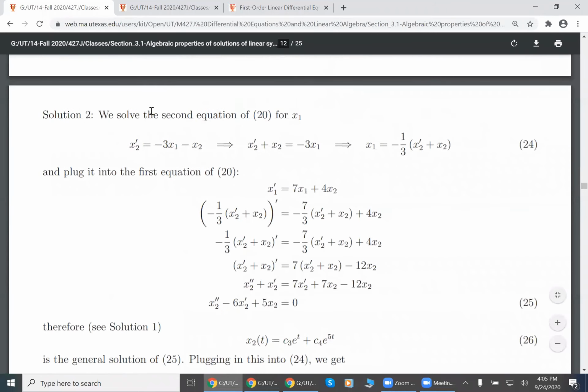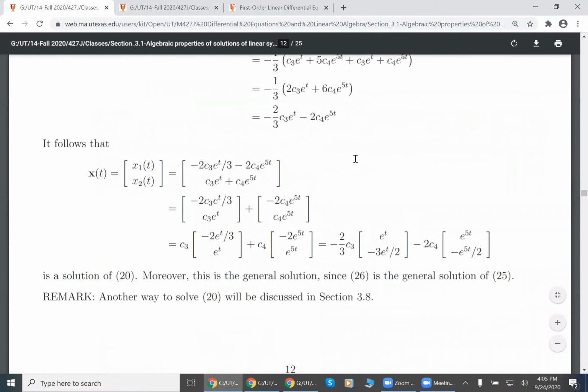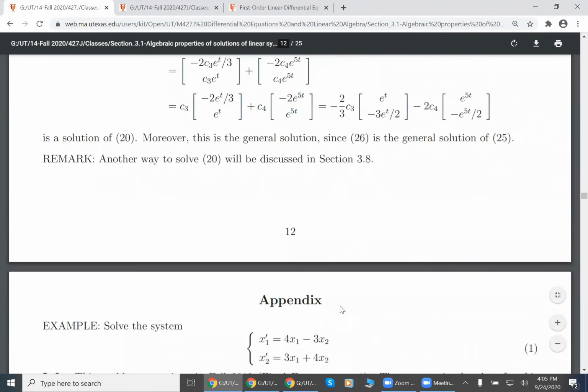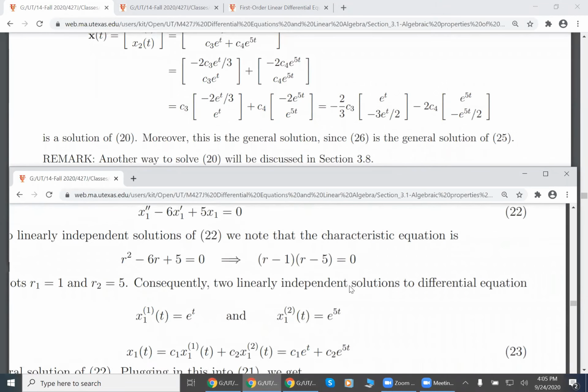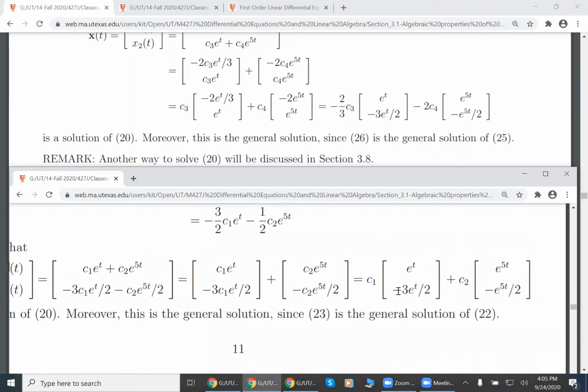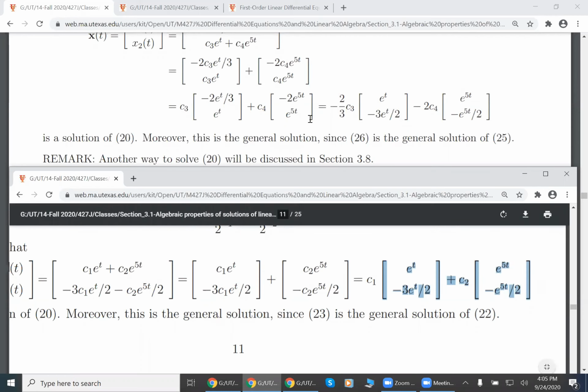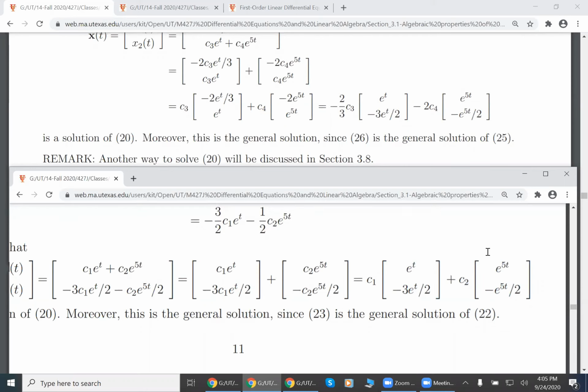If we apply method number 2, the final answer again looks different. But now compare these two answers. Let me scroll down. This is the final answer in solution number 1. This is the final answer in solution number 2. Note that these answers look different.